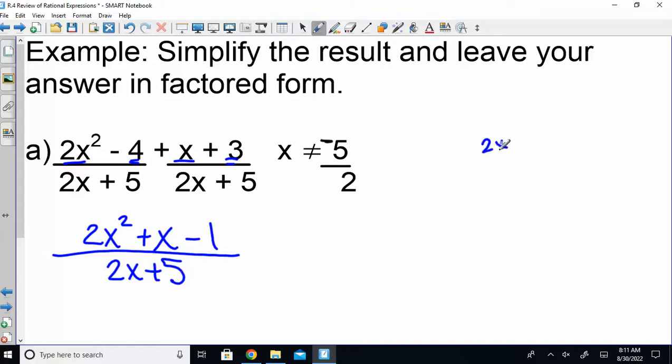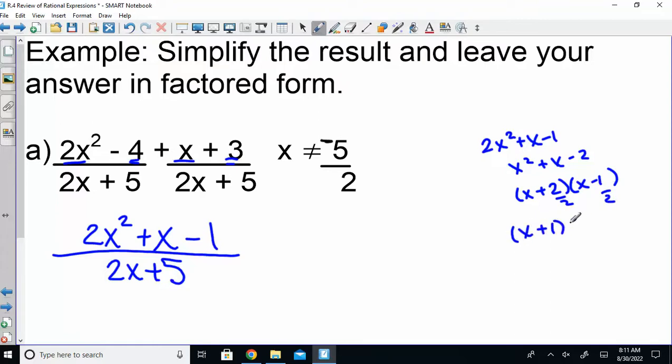If we looked at the top of this, could we factor it? So if we did our slip and slide, this factors into x plus 2, x minus 1, divided by 2. So these are equivalent.